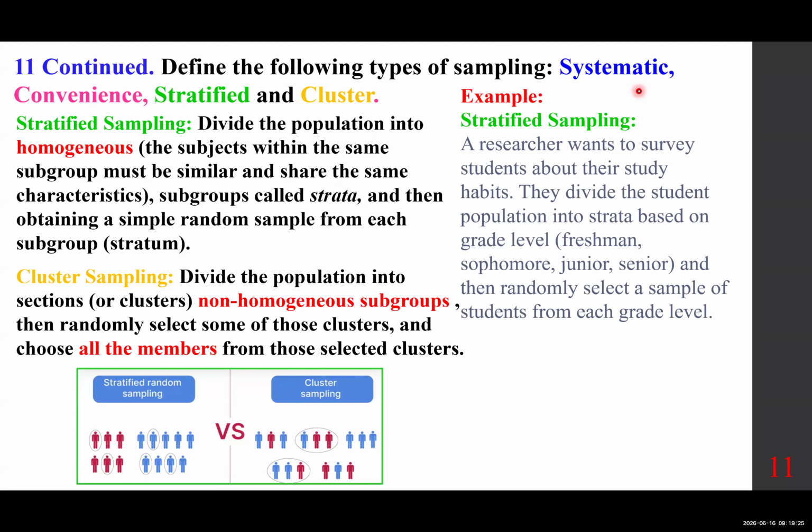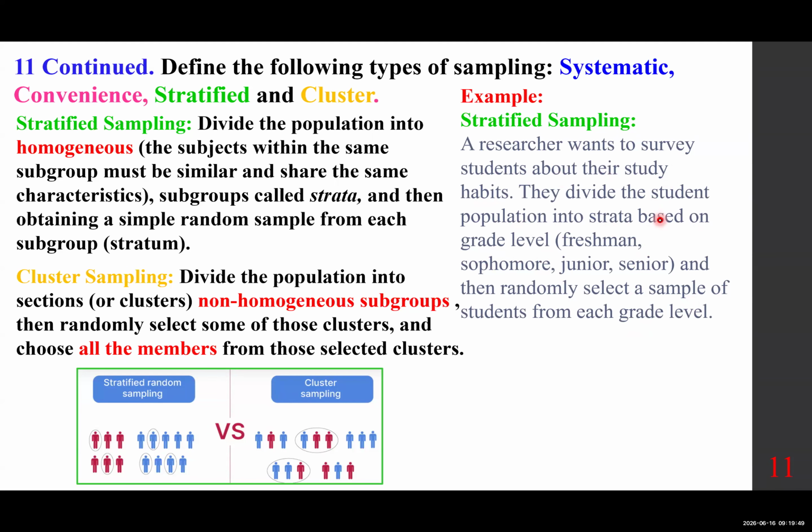Example, stratified sampling. A researcher wants to survey students about their study habits. They divide the student population into strata based on grade level: freshman, sophomore, junior, senior, and then randomly select a sample of students from each grade level. So we pick a few from each group.